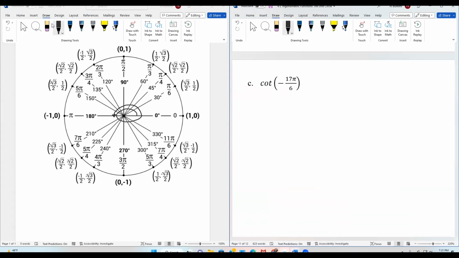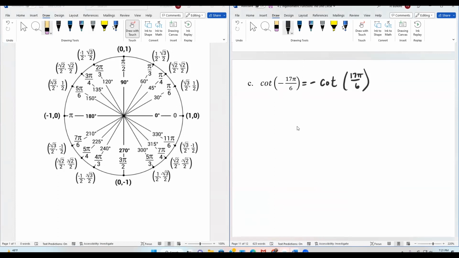Here we go again. So we have cotangent of negative 17 pi over 6. Cotangent's related to tangent. They are both odd functions. So the negative comes out in front. 17 pi over 6. And we did this one earlier.